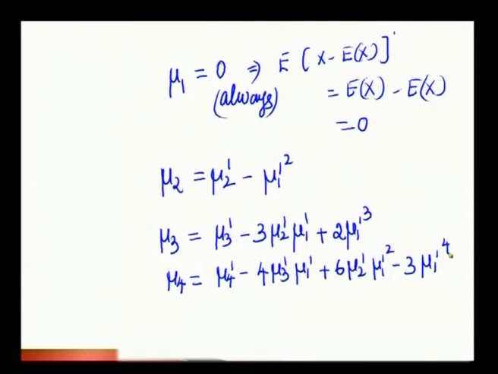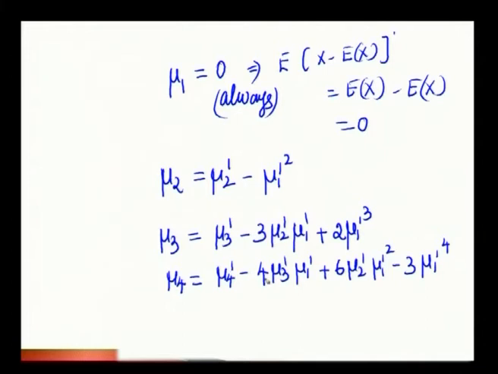How to remember this formula? Mu 2 means mu 2 dash minus mu 1 dash square. Mu 1 dash square is written as mu 1 dash into mu 1 dash; when you add the suffixes it comes to 2. Similarly, for mu 3 it is mu 3 dash, 2 plus 1 gives 3, and mu 1 dash whole cube is written 3 times as mu 1 dash into mu 1 dash into mu 1 dash, 1 plus 1 plus 1 gives you 3.